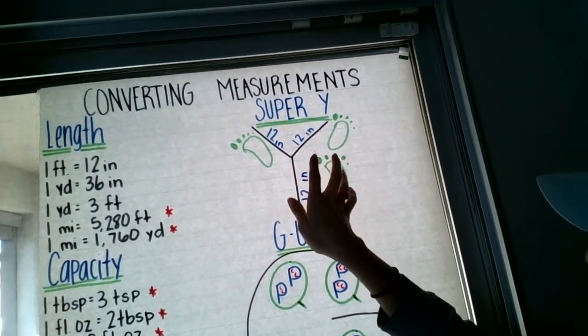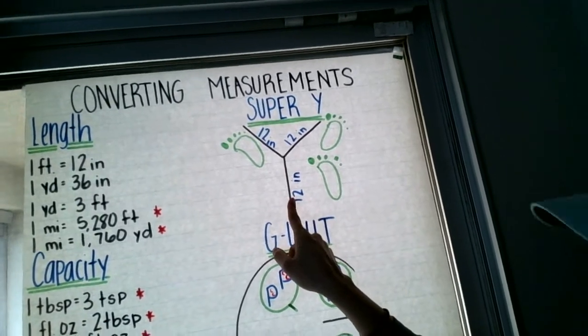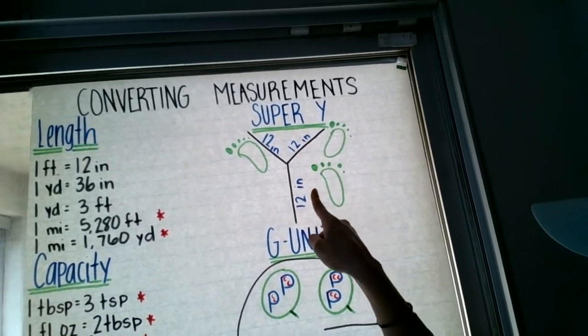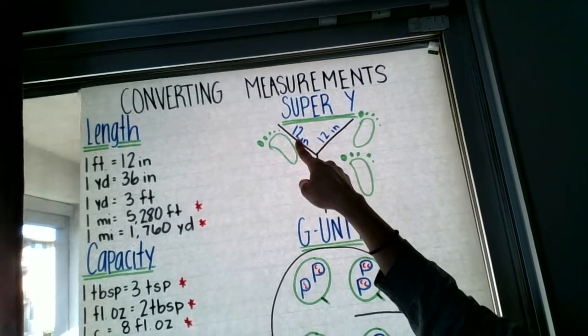In each foot, there is 12 inches. So this foot has 12 inches, this foot has 12 inches, this foot has 12 inches.